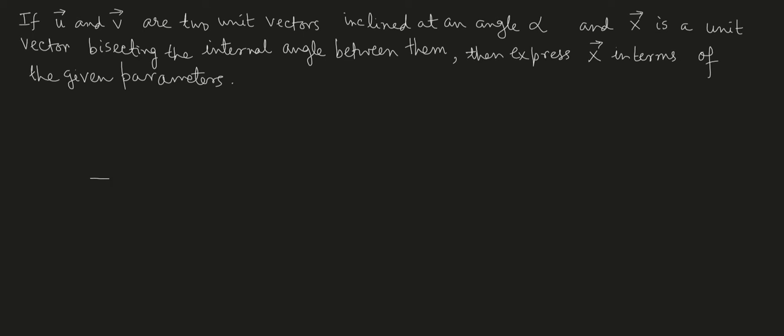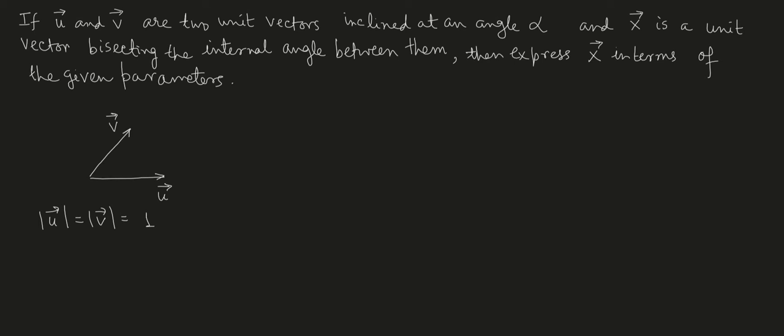So let's say that this is u and at an angle alpha the other vector is vector v. The angle is alpha in between them. Now the angle bisector, as they are saying here, what we see is that the magnitude of u and the magnitude of v both are equal to 1 because they are unit vectors.